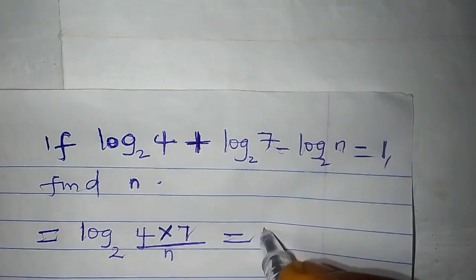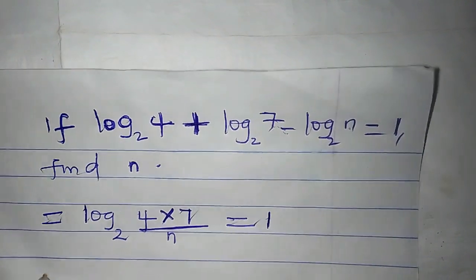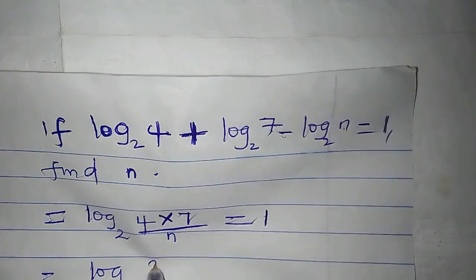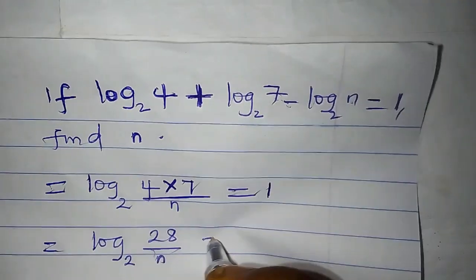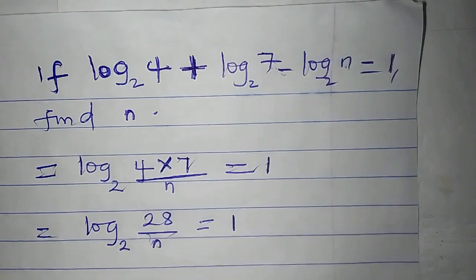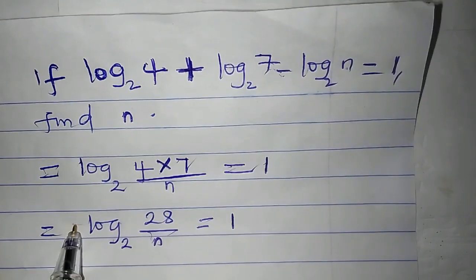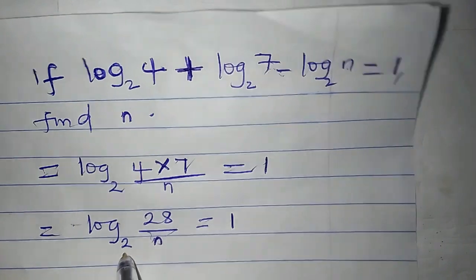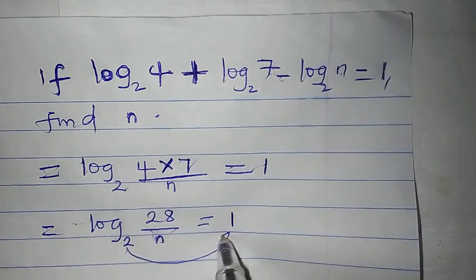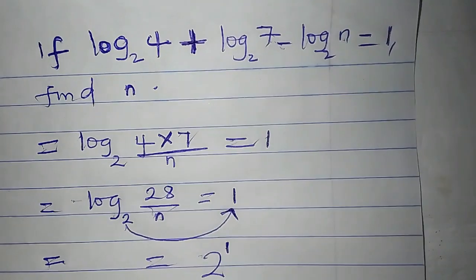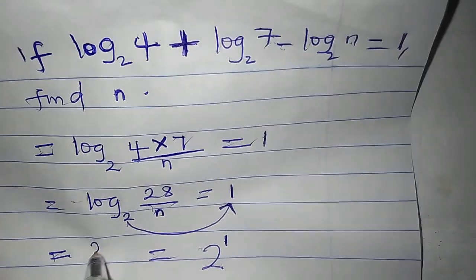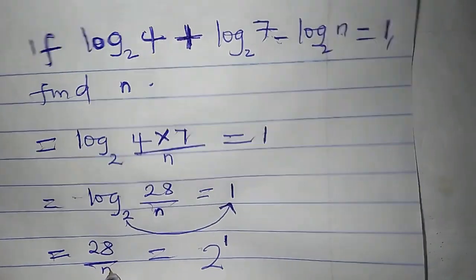Everything is equal to 1. 4 times 7 is 28. Log of 28 all over n to base 2 is equal to 1. By the law of logarithm, this log can be done away with when we take 2 to the power of 1 at the right hand side, and at the left hand side we have 28 all over n.